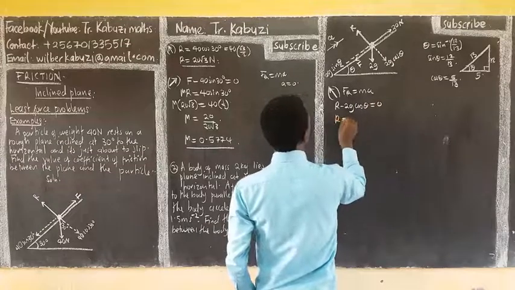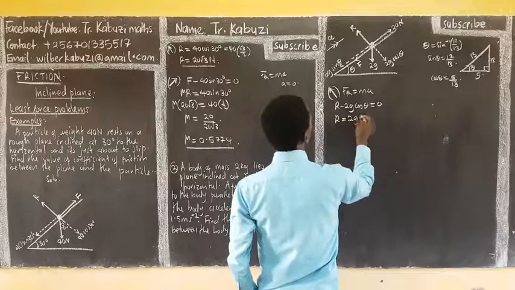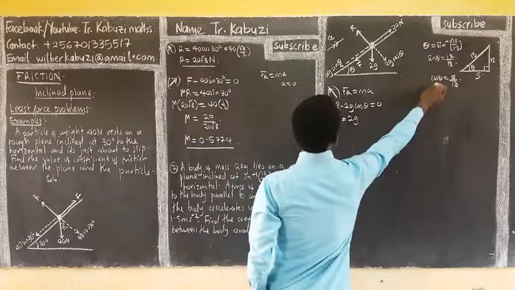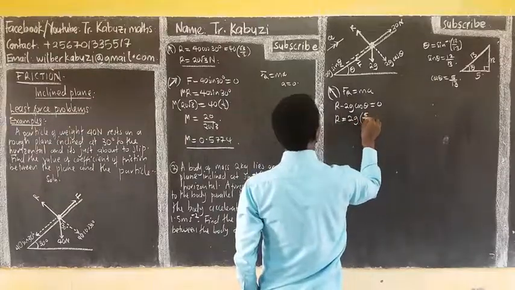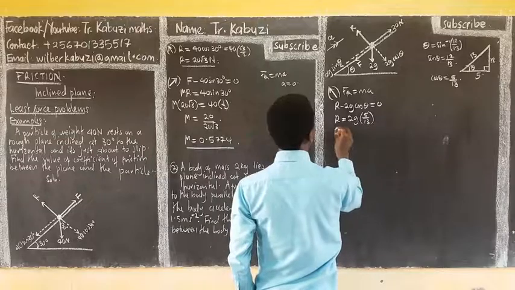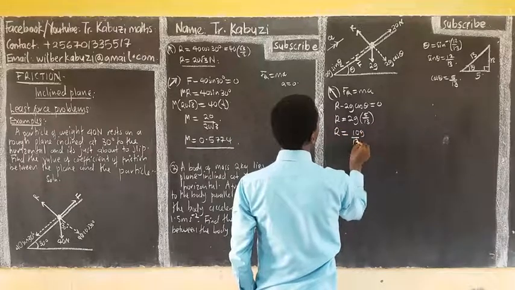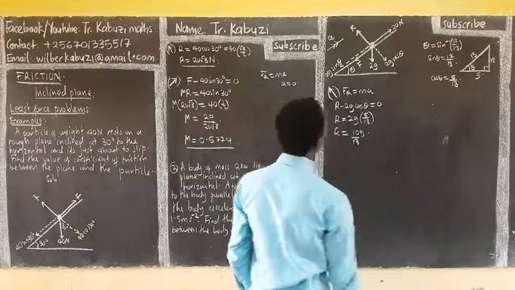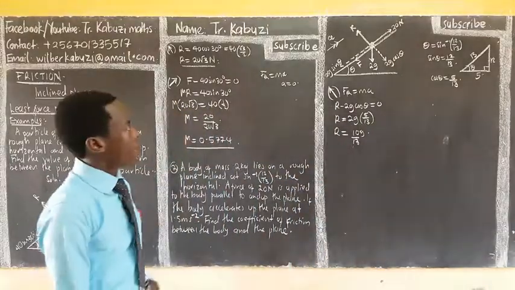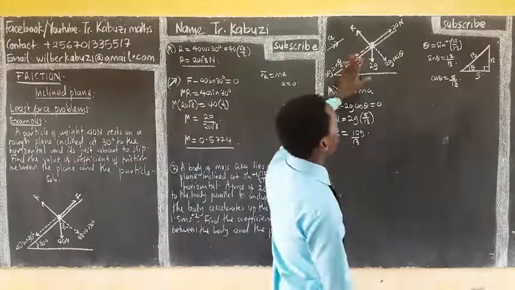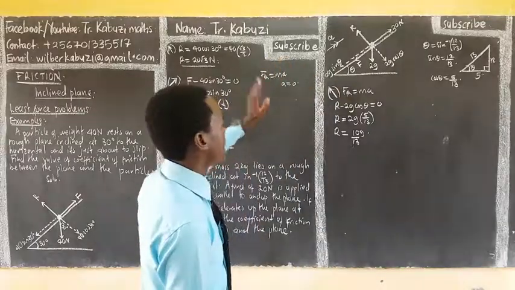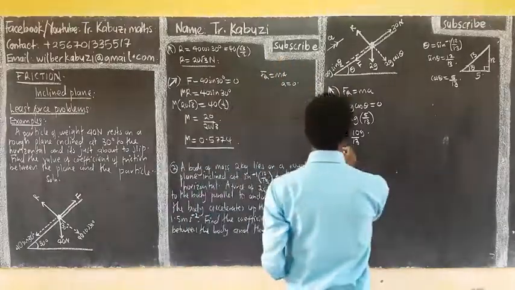So our R will be equal to 2g times cos theta, which is 5 over 13. So our R is going to be 10g over 13. Basically, whenever you don't have any acceleration there, the rest are very easy.